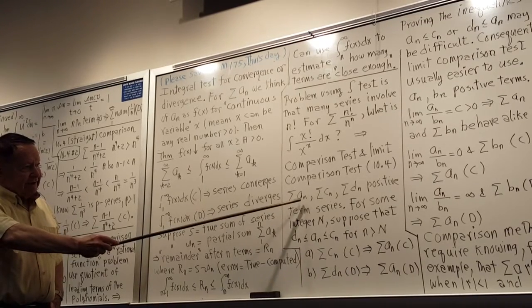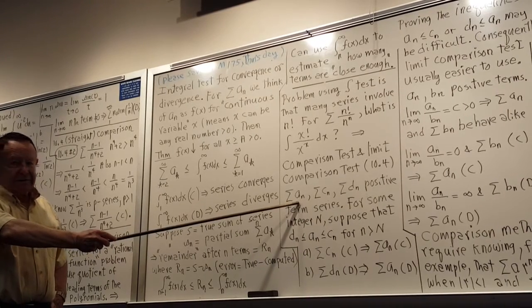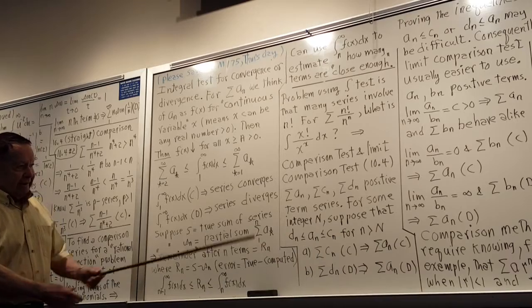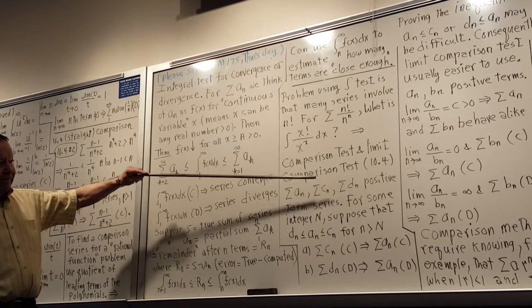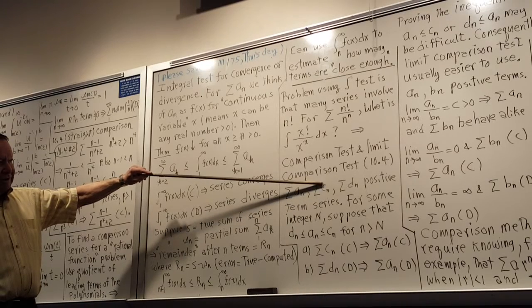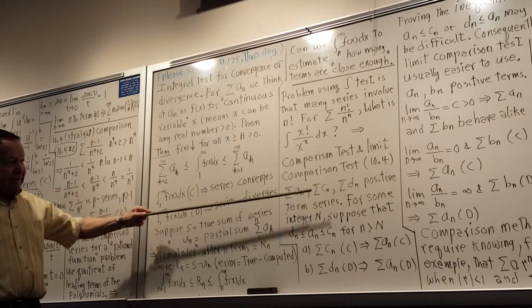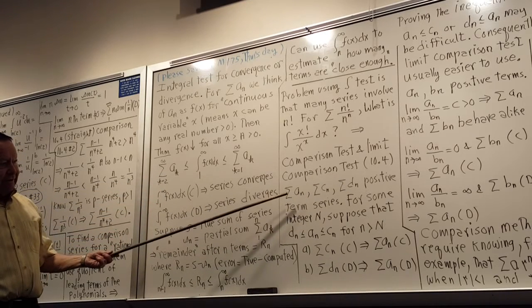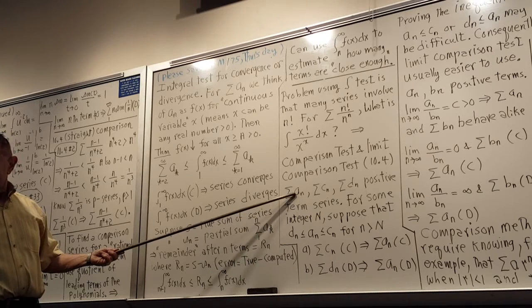This is the series where you want to decide converge or diverge. The book uses C for converges and D for diverges. So what you're going to do is compare the test series, which is the A, the one where you want to know what it does, converge or diverge.